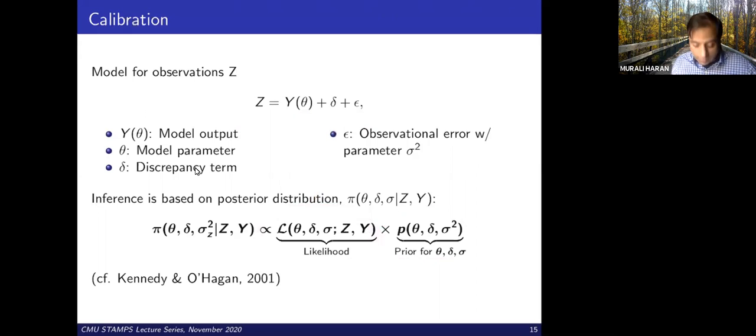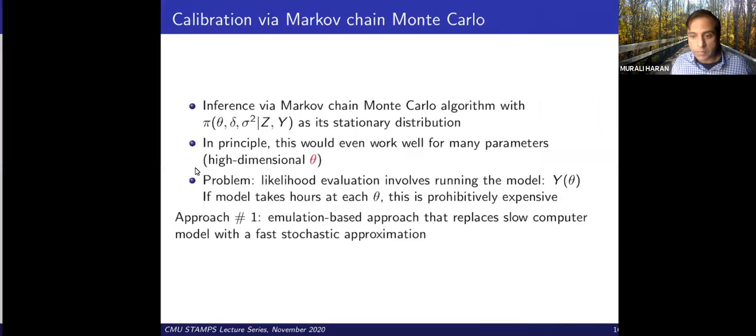And if I have this likelihood function and a prior, I can get my posterior distribution for the parameters that I'm interested in. And in particular, notice that this parameter I can get as a marginal distribution if I integrate out all the other things, the other nuisance parameters. So this is just a quick overview of calibration.